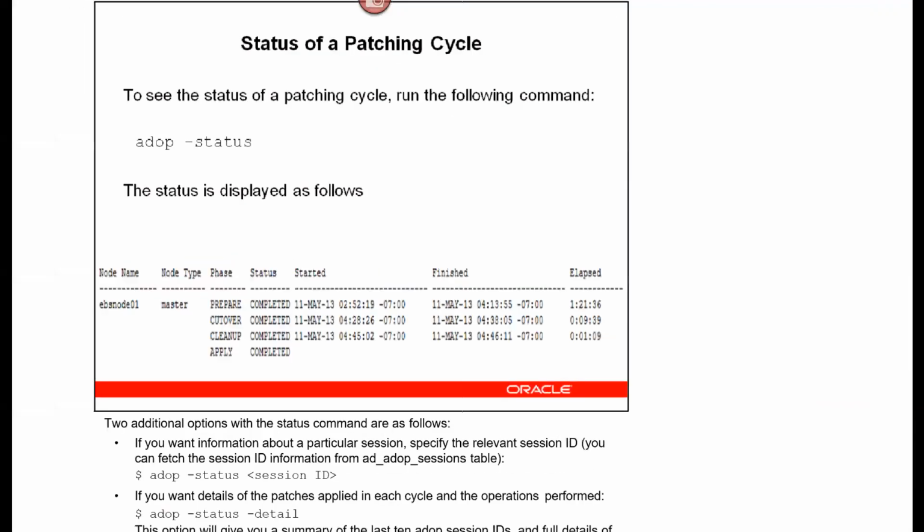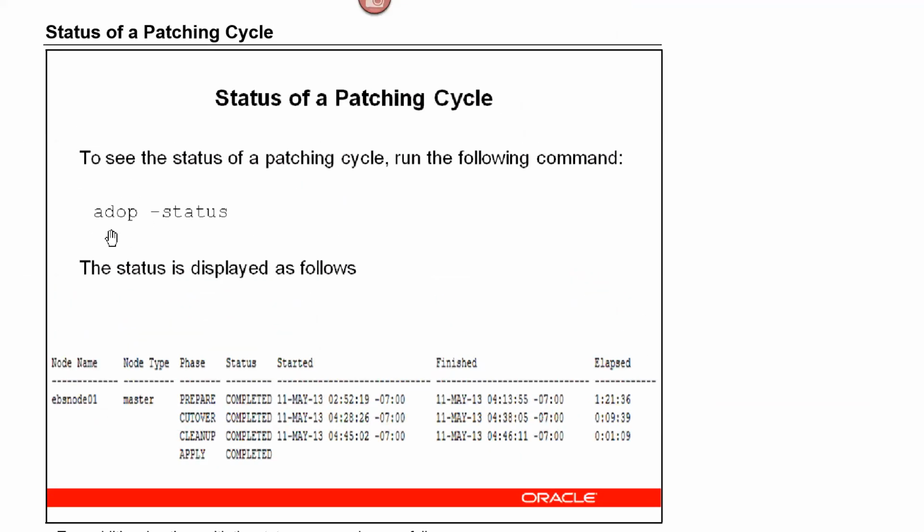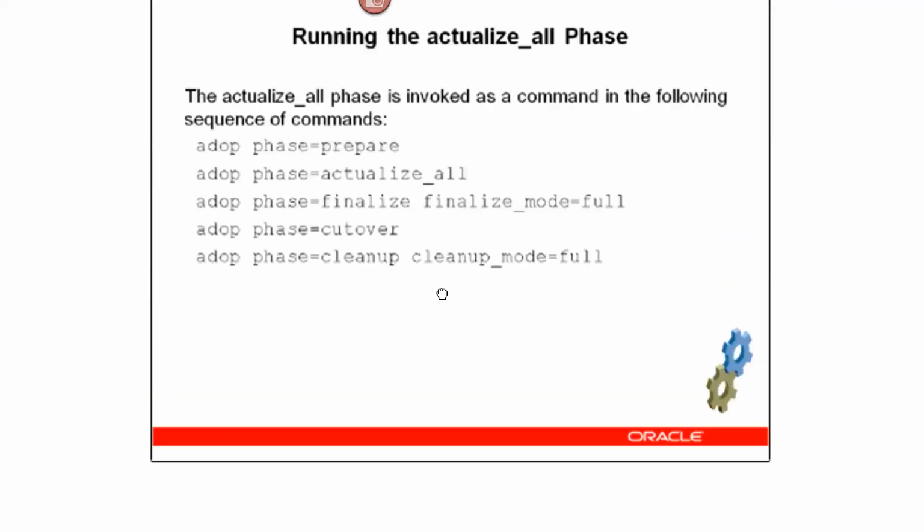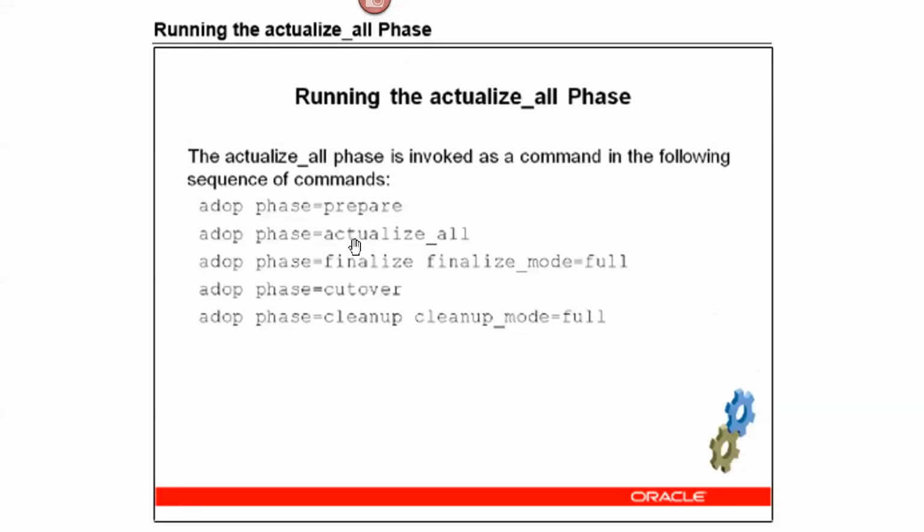At any point of time, if you want the status, I like this command, ADOP status. See, this is like a master. Node 1 will be a master, and suppose there is a node 2. This previous command is an empty cycle. Apart from that, you are also running actualize equal to all, which will remove all the old editions of the database.